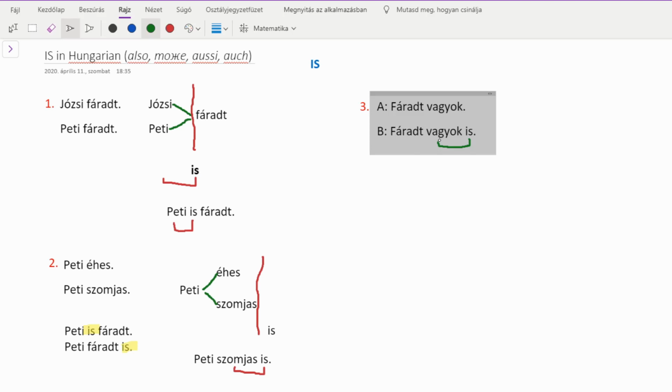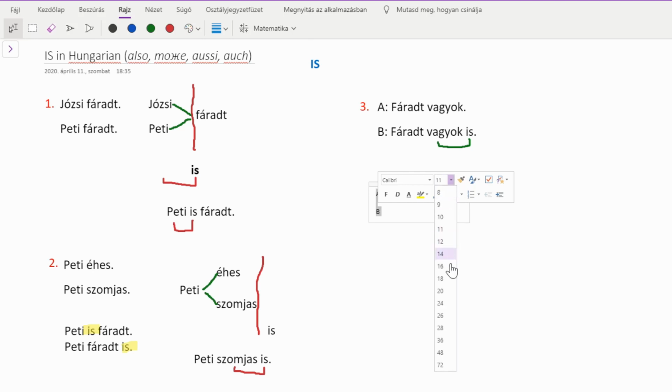But what is the main idea here? The main idea is that there's a person A, and a person B. They are both tired.